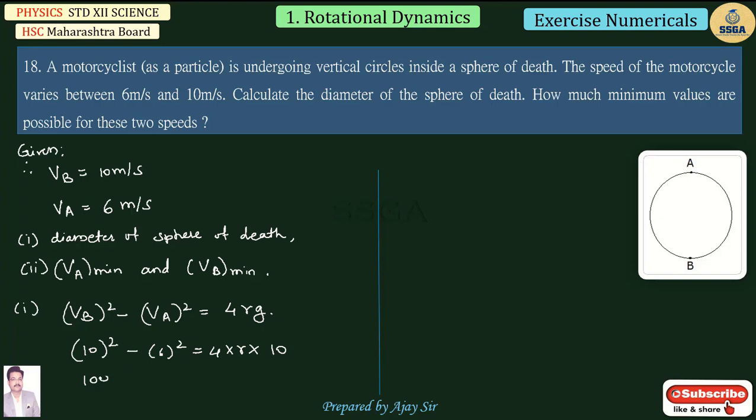So 100 minus 36 equals 40r. This is 64 equals 40r, so 64 divided by 40 equals r.